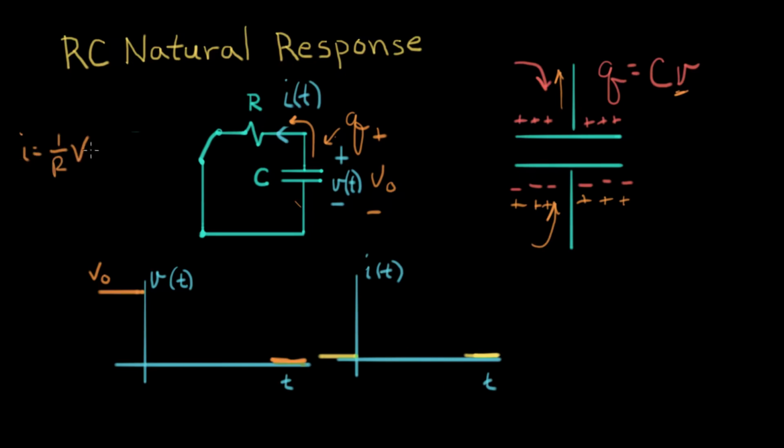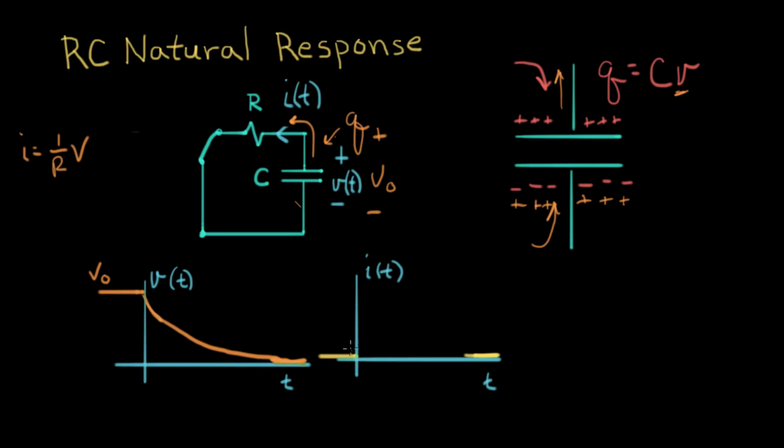And as V goes down, as we use up our charge, the current's going to go down. So I can guess what's going to happen here. It's going to come down and end up at 0 after a while. We don't know how long it's going to take yet, but it's going to have some shape like this.